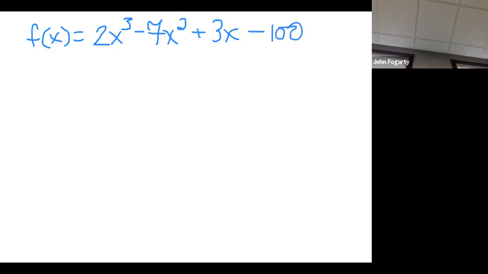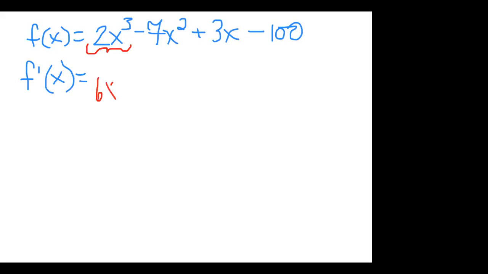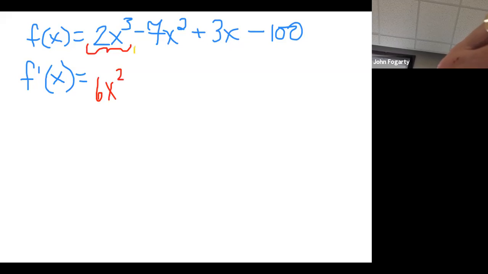Not a big deal. It would be a big deal if you had to use the limit definition. Can you imagine putting that into the limit definition? Holy mackerel. So let's just find the derivative of each term. So let's just take this one first. What's the derivative of that? Go. 6x squared.